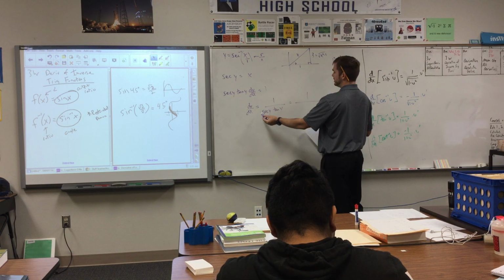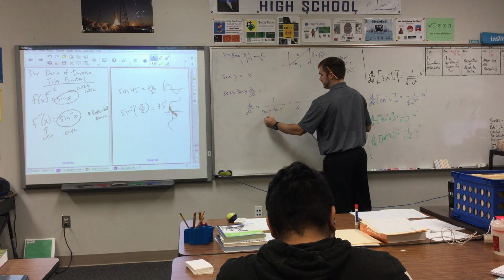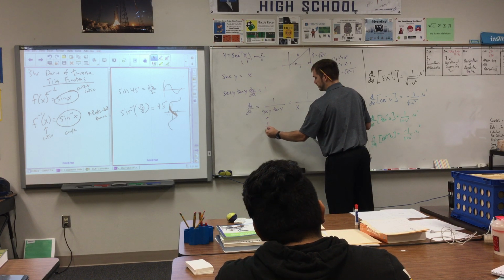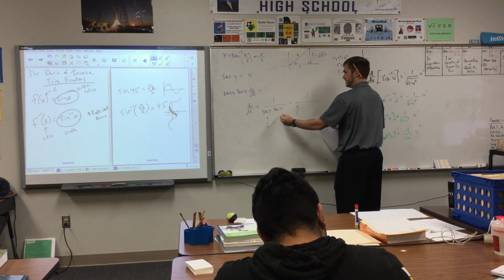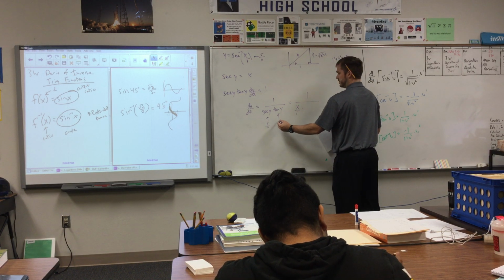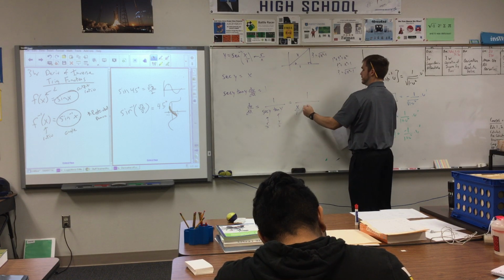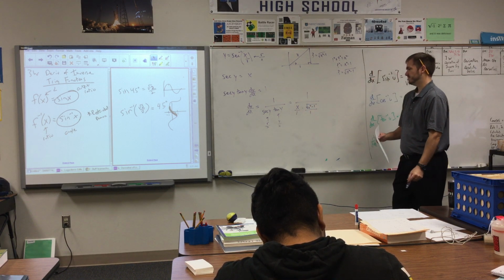So secant y is the r value over the x value, so x over 1. Tangent is the opposite over adjacent, so that's going to be the square root of x squared minus 1 all over 1.